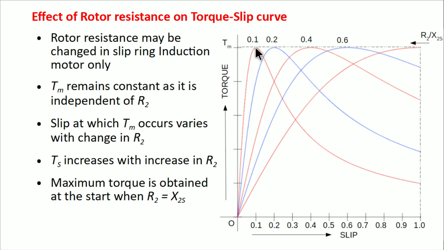If, say, resistance is doubled, the ratio will become 0.2. The maximum torque will now occur at slip 0.2. If rotor resistance is doubled, the ratio is also doubled. The maximum torque point corresponding slip will change from 0.1 to 0.2.